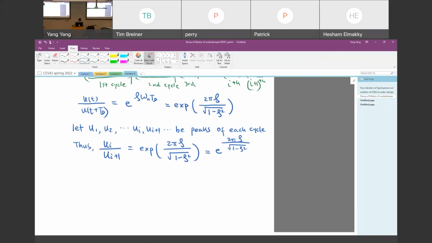So now we can get the ratio between the first and any arbitrary one. So for example, U1 over U(j plus 1) should be equal to U1 over U2.